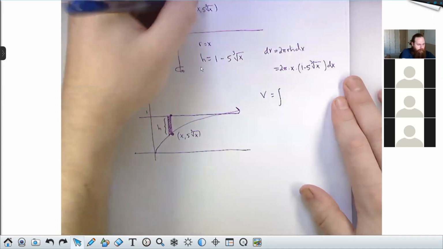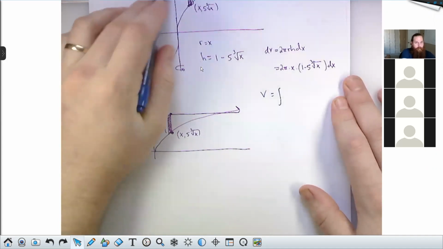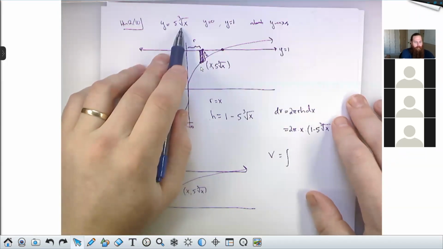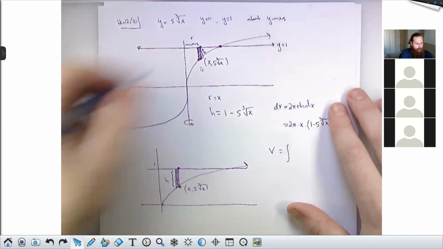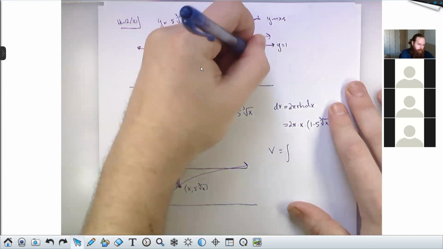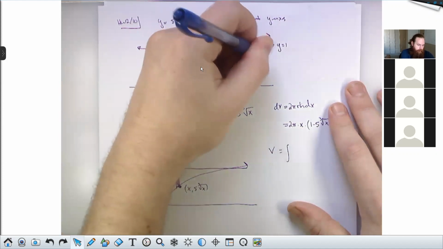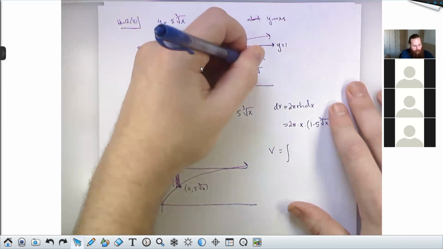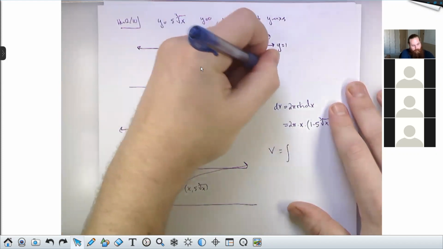To find the largest x value in my region, I have to ask when this is equal to 1. So I would need to find this intersection point. I would set 1 equal to 5 times the cube root of x. That would mean 1/5 is equal to the cube root of x.